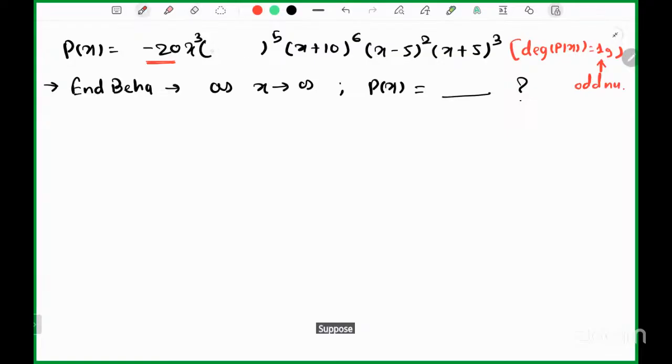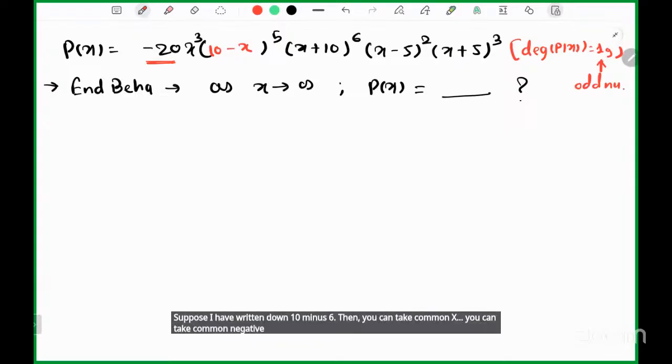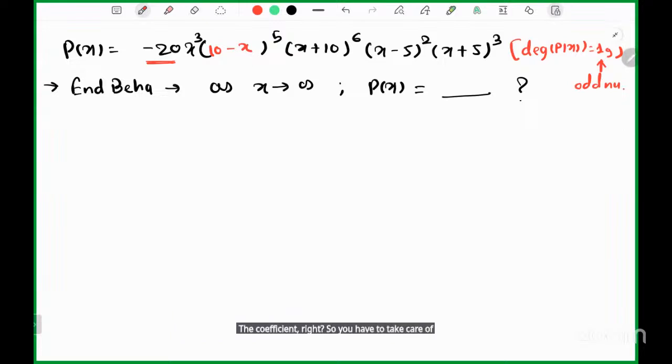Then you can take the negative common, and the coefficient will become positive. That's how anyone can confuse you about the coefficient, so you have to take care that it is written in the form x minus alpha. So this is our x minus 10. Here it's an odd degree polynomial with a(n) less than 0.